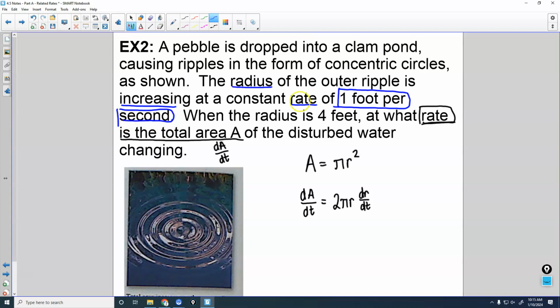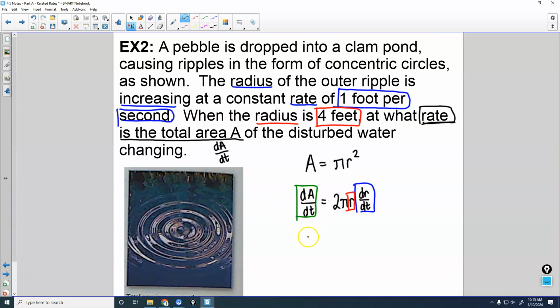The dr/dt, because it is a rate, so it's going to have the d's, the dt's with it. So this is the dr/dt right here. That's going to be 1, and then it tells us the radius is 4 feet. So that is the r right here, which is good because that plugs in everything except for dA/dt, which is what we're looking for.